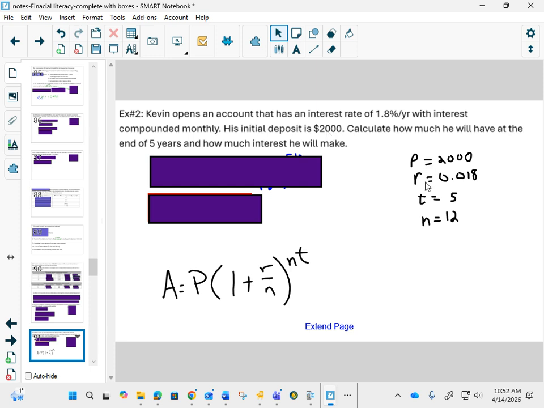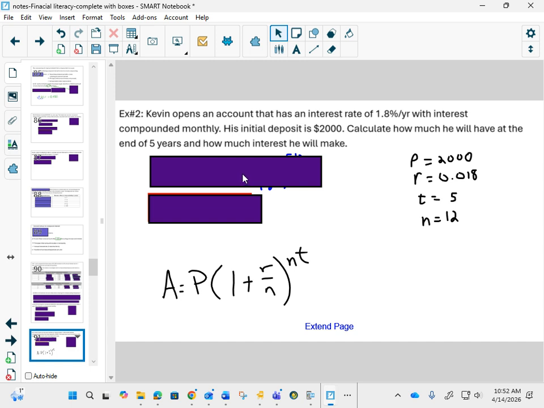The R is the interest rate as a decimal, so I take 1.8% per year and divide that by 100 to get 0.018, which is just moving the decimal place over 2 spots to the left. We want to find out how much it's worth at the end of 5 years. And it's compounded monthly, so you know that the N is 12.